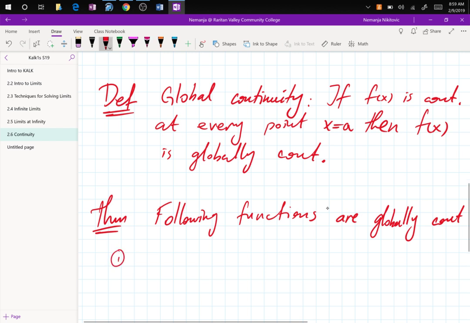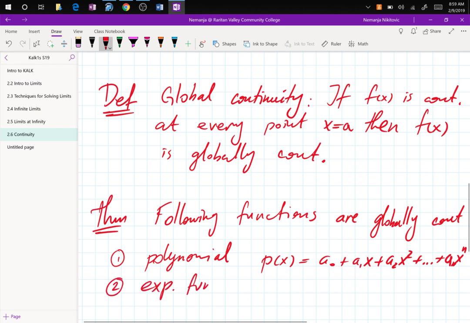Number 1, polynomial, which spans from a constant function like y equals 7 all the way to whatever degree of polynomial, x to the 6, x to the 10, whatever. So p of x equals a0 plus a1x plus a2x squared plus ... plus a n x to the n, whatever we decide to end.